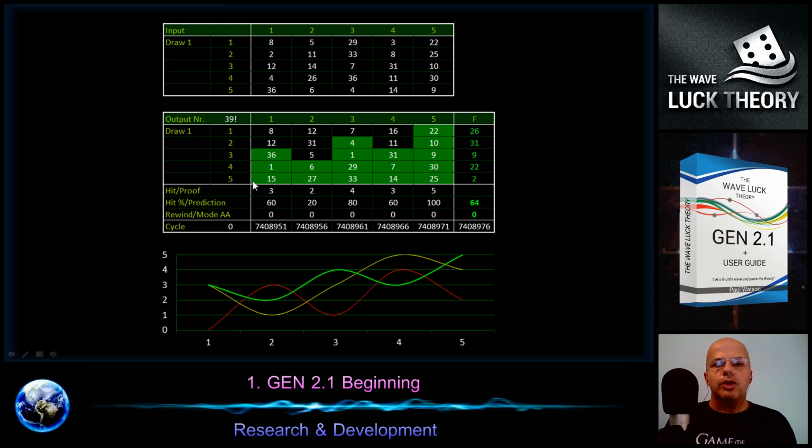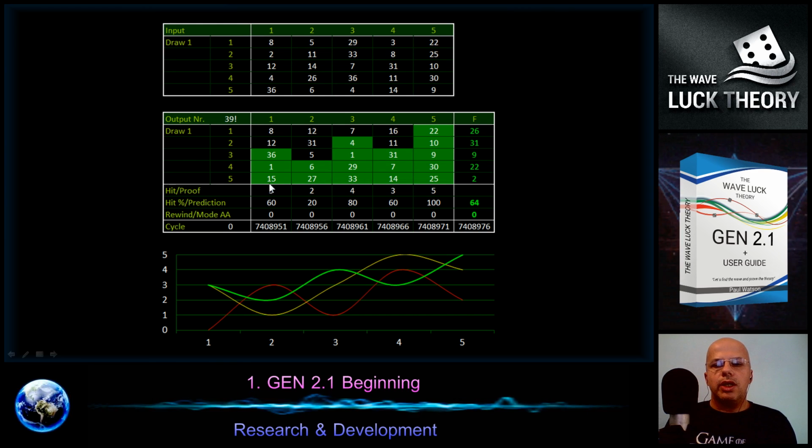So in our case we have 3 hits, 2, 4, 3 and 5, which is the maximum we can reach in such lottery. What we do is the hits are equal to the number of matches, so 3 is equal to 3 and there is no added value.